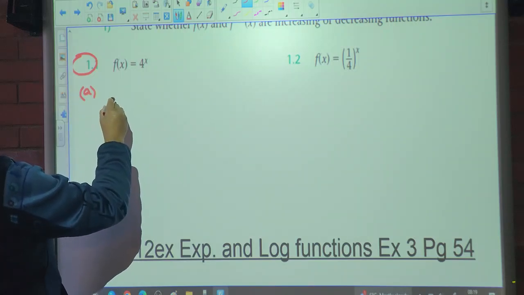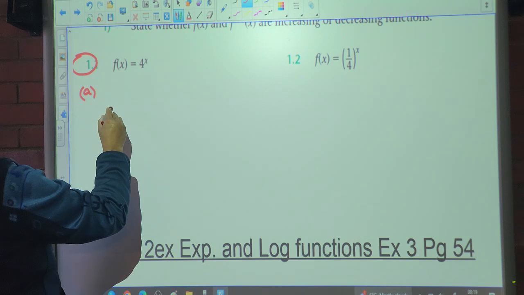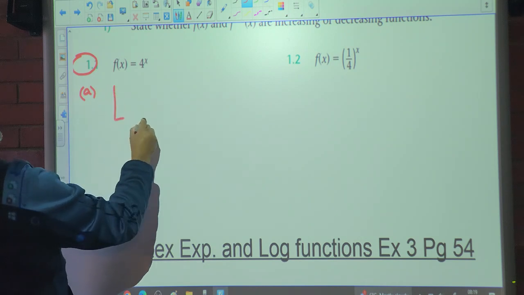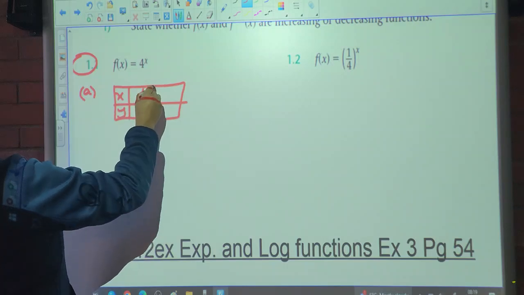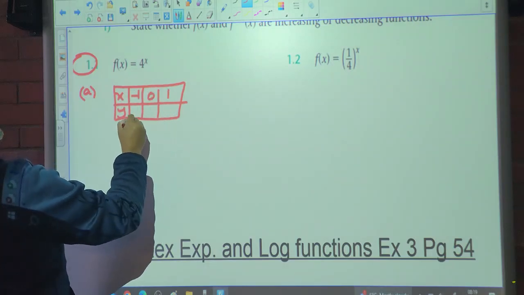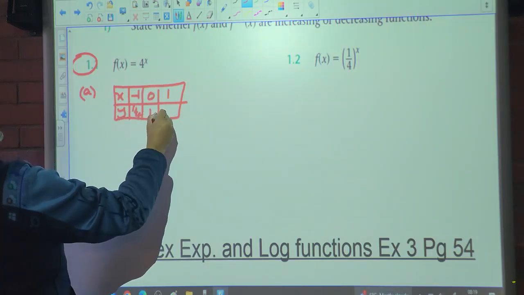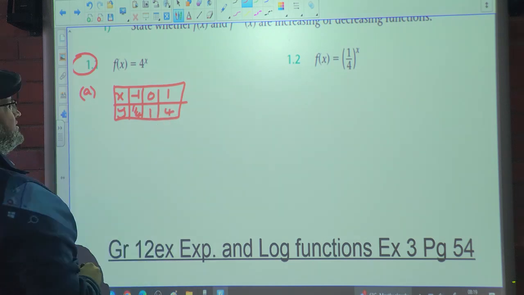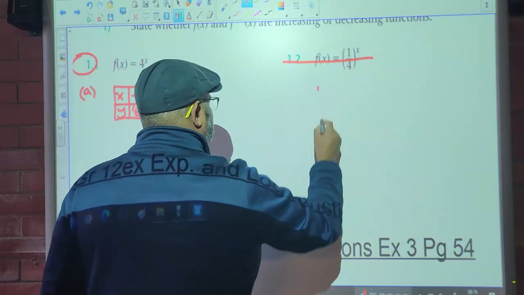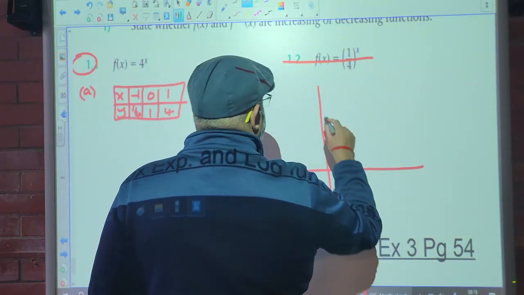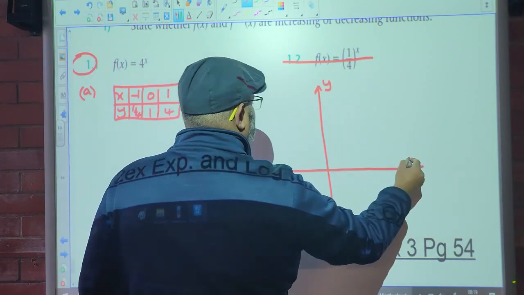So the first thing we draw is the table. Okay? It's an x and a y. There's minus 1, 0 and 1, so it's a quarter, 1 and 4. So let's draw. Let's put a line here for now, your y and your x.